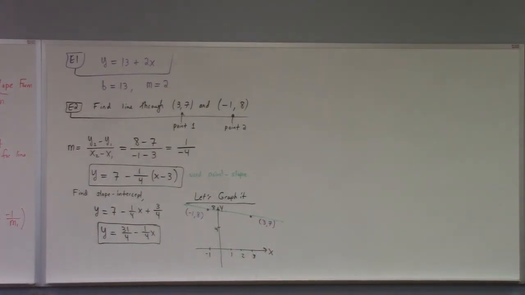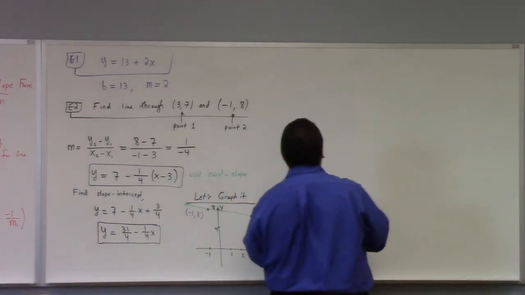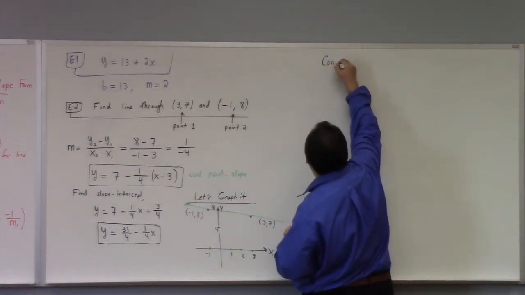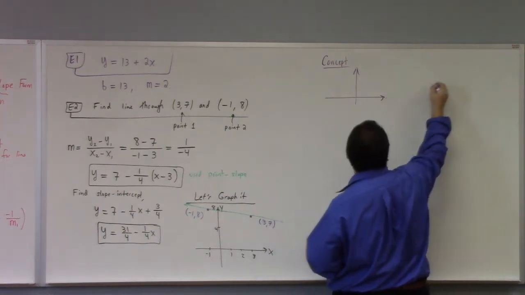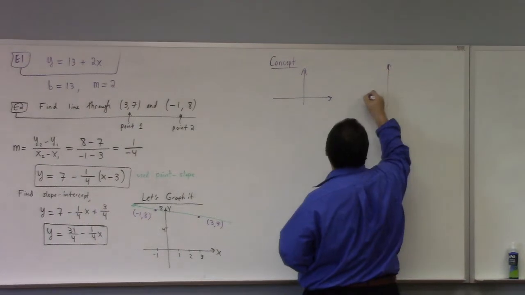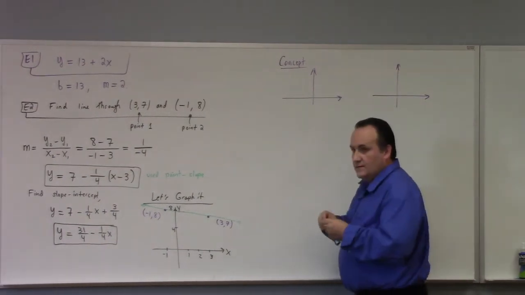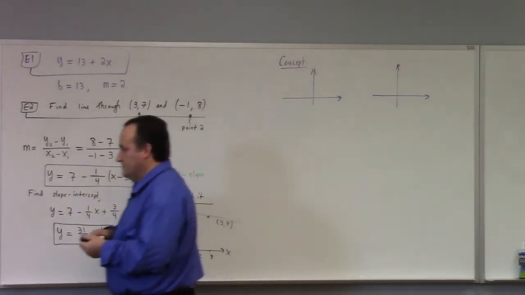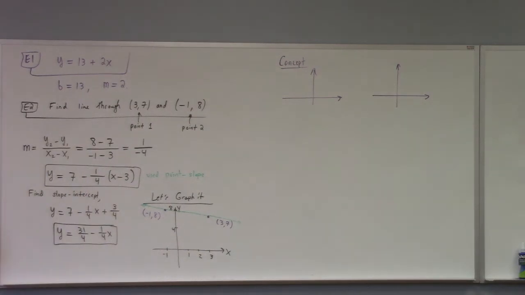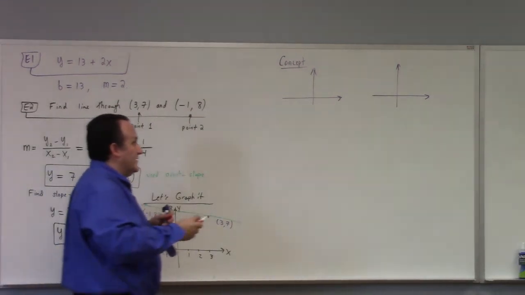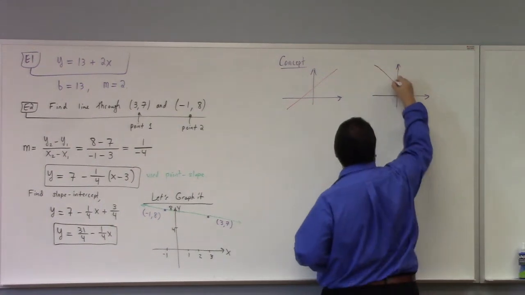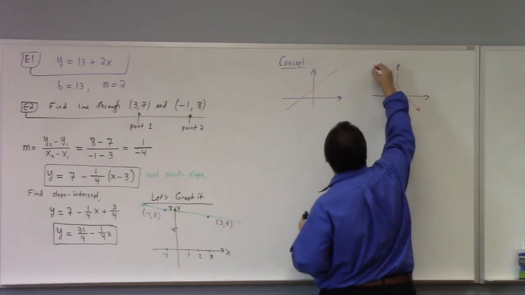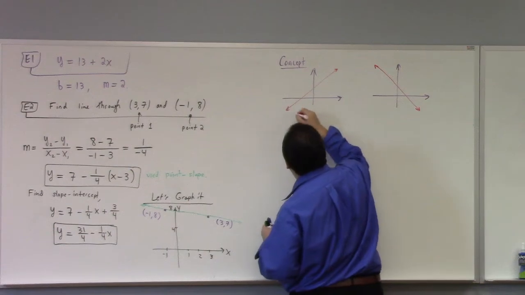So generically speaking, what's the concept we should remember? We have 2 kinds of lines, right? Ignoring the vertical ones. We have lines that are increasing everywhere. They look like this, right? We have lines that are decreasing everywhere. They look like that. And then you got vertical lines, right?